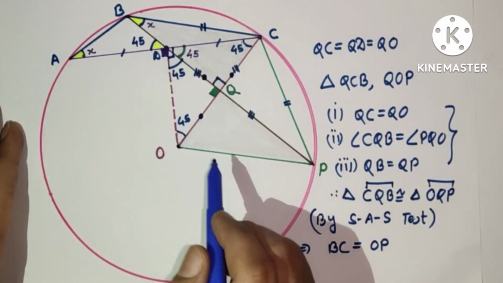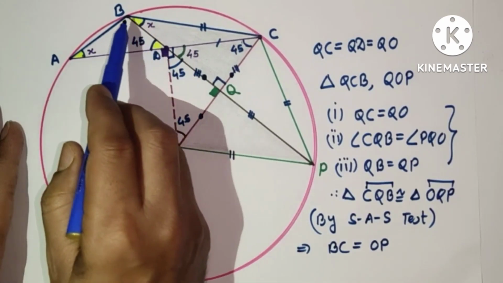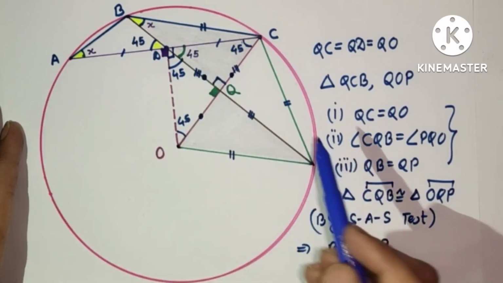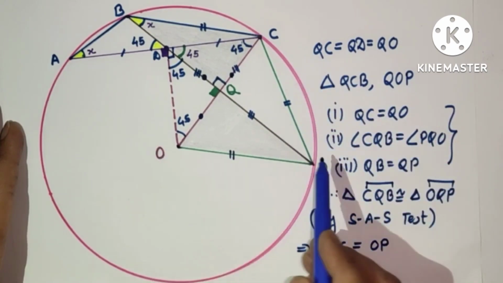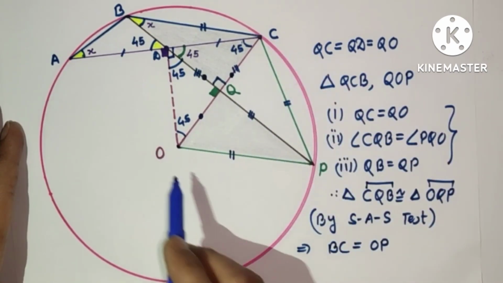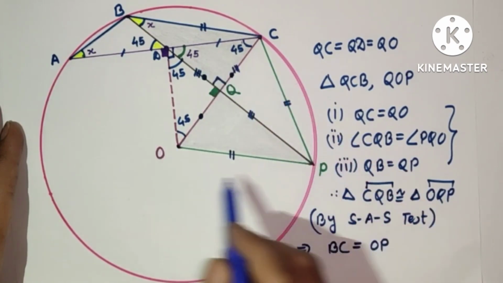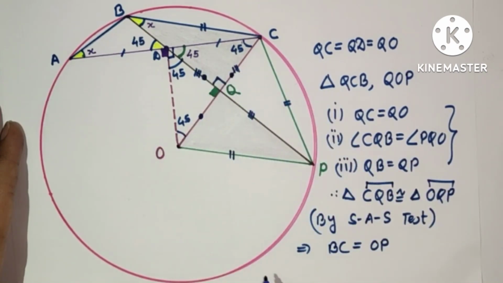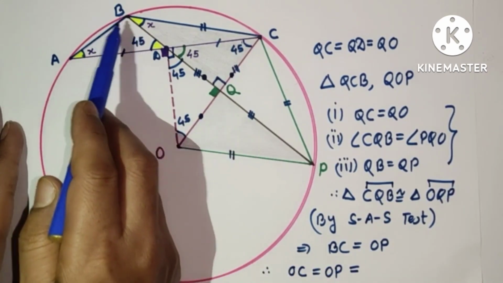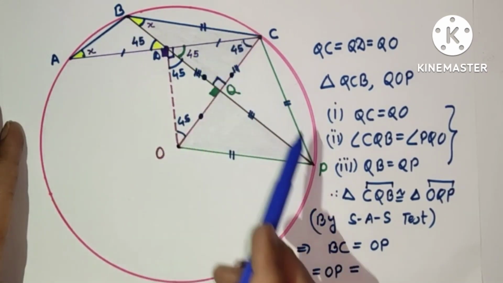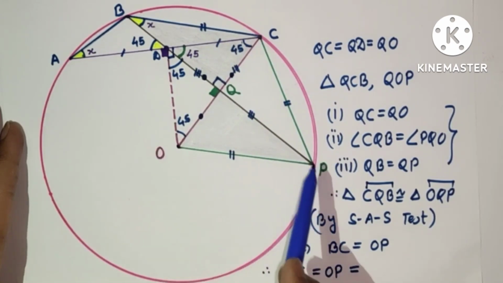So BC is this double line, BC is OP, and BC is CP, and OP is OC. So we can say that triangle OCP is an equilateral triangle. So therefore OC radius is equal to OP radius, and since OP and BC are equal, and BC and CP are equal, OP and PC are equal.